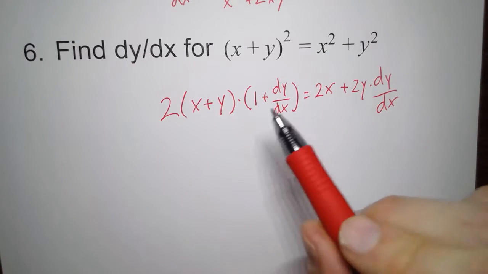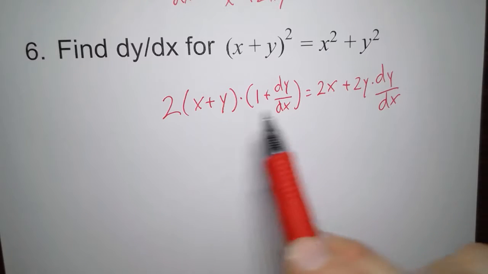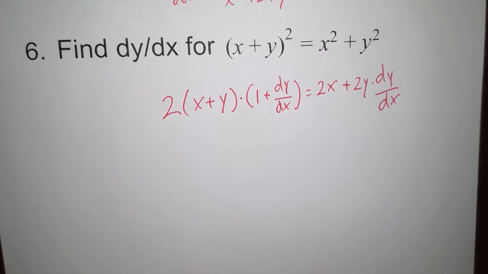Now here we've got a dy/dx on the left and a dy/dx on the right. And what we're going to have to do is manipulate this equation so that both terms that involve dy/dx end up on the same side. So we're going to have to expand this expression.